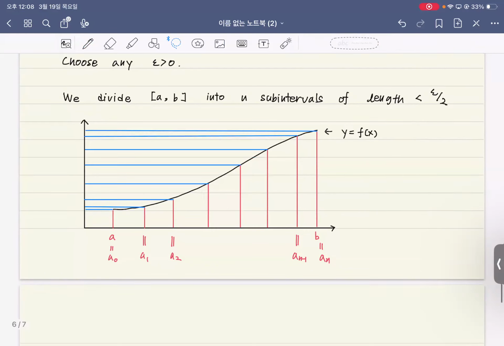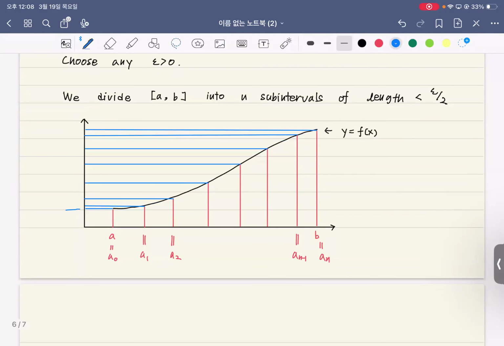Okay, so this is f(A0), and this is f(A1), and this is f(An).